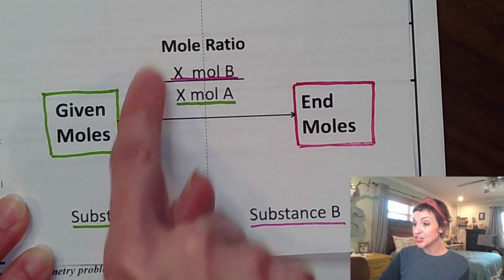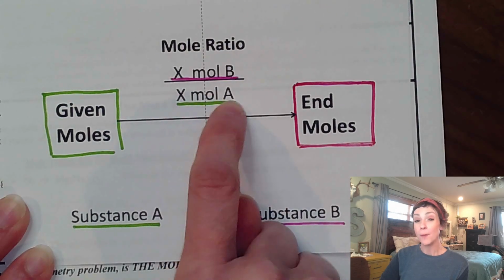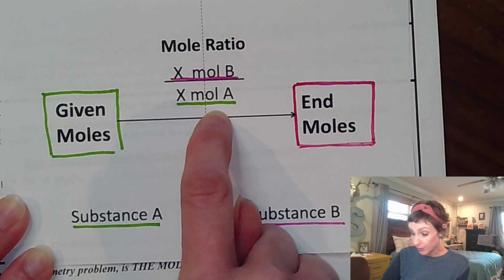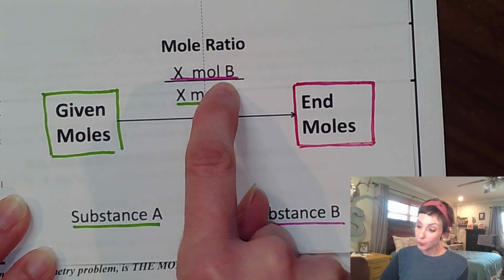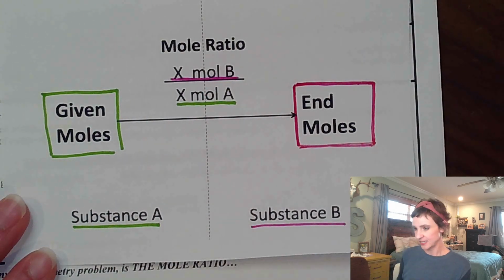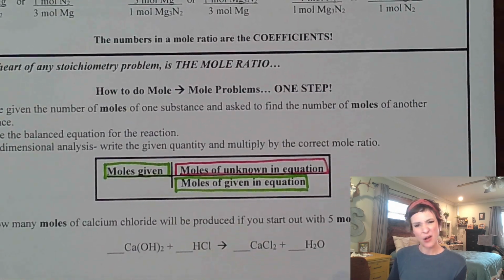For the mole ratio, I have split units, where the bottom part will always be the substance that I was given information about, or A, and the top part will always be the substance that I'm trying to find information about, or B. You're like, how does this apply to a chemical reaction? Here's how I mapped it out.